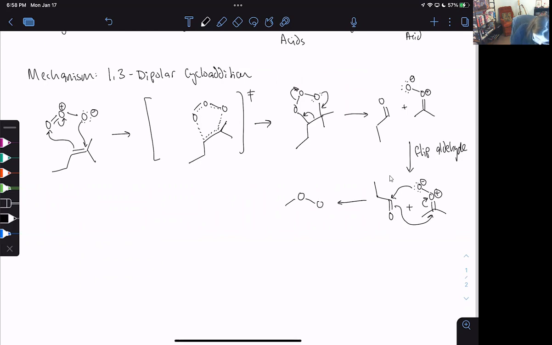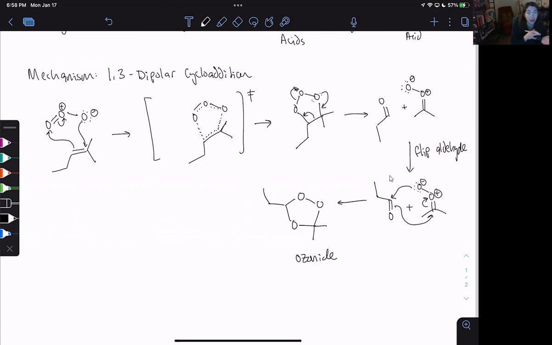And now at least we don't have as many of those oxygen-oxygen bonds here. And so this is an ozonide. And that is the thing that is at the end of the O3 process.